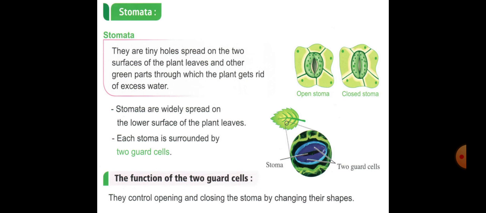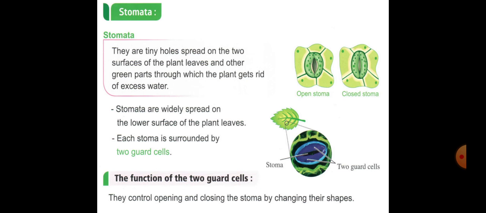Only one is called a stoma. More than one are called stomata. Each stoma is surrounded by two guard cells. The function of the two guard cells is to control the opening and the closing of the stoma by changing their shapes.